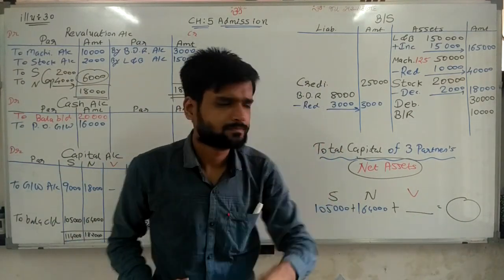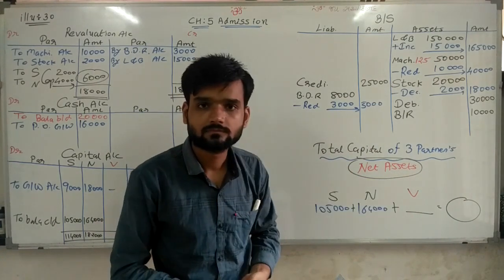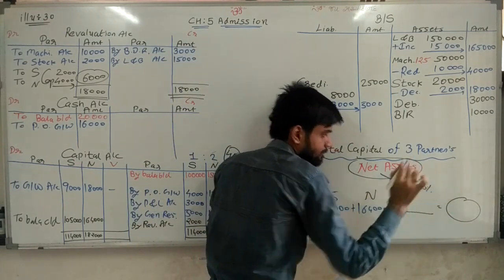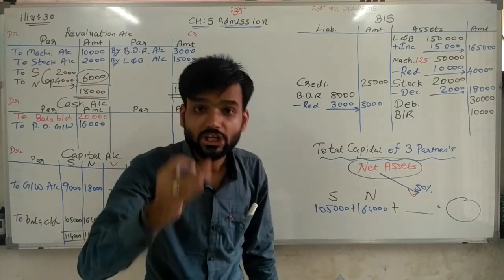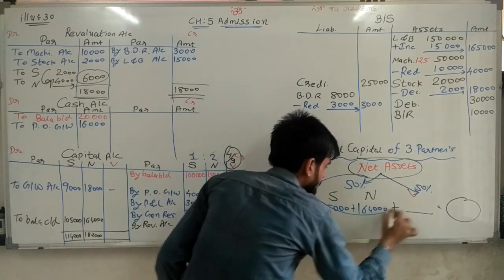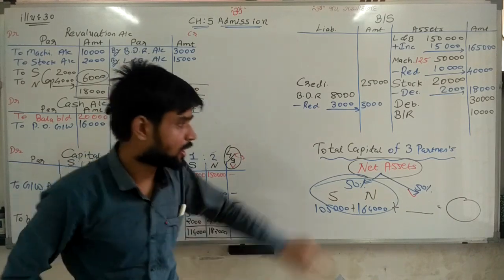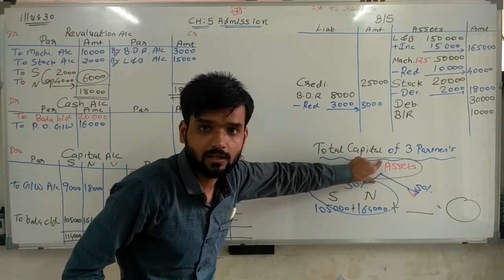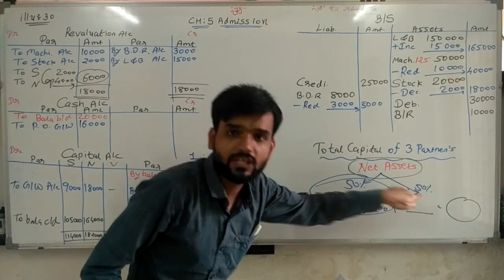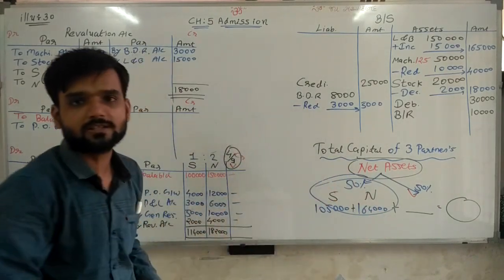Now think what is given. 50% of net asset is brought by V. It means the remaining 50% is S and N's capital, because from the total net asset, 50% is V's. The remaining amount is also 50%.